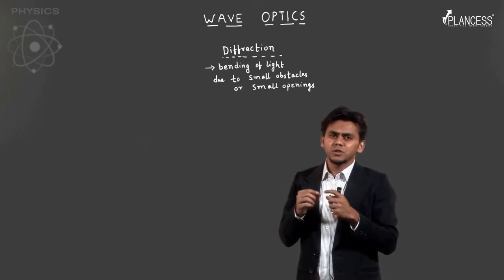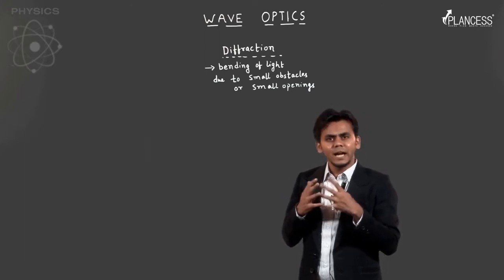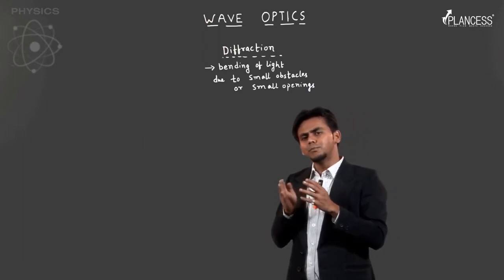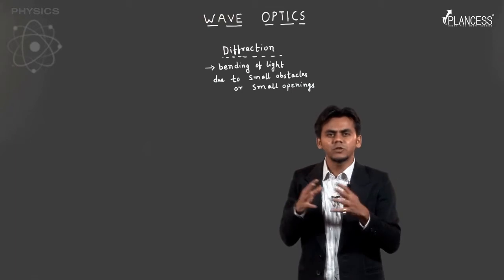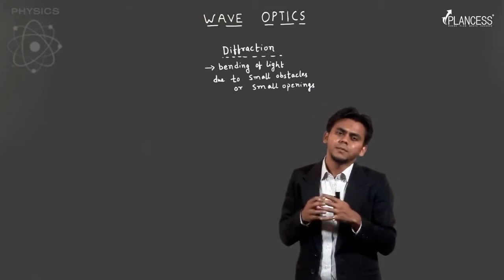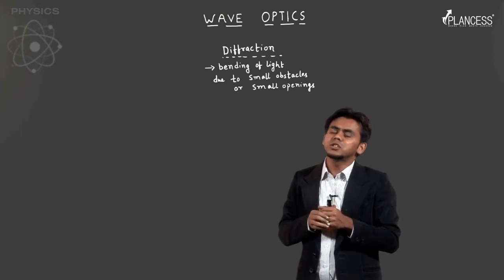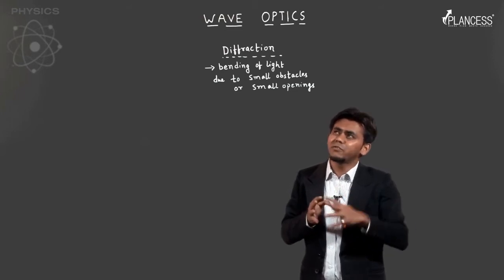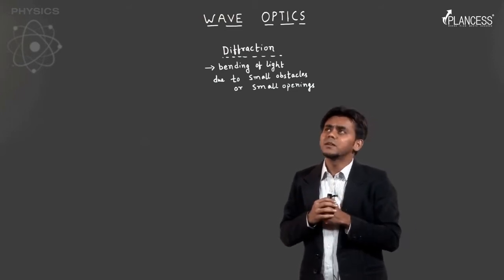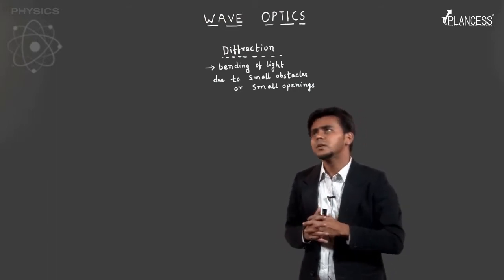But if the obstruction is of a small value, it could bend and produce a different sort of wavefront out of that obstruction, and that produces diffraction, because now the same wavefront is modified because of the small opening. So let's study this diffraction.